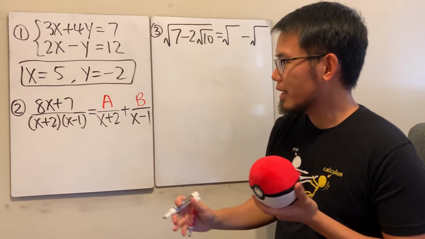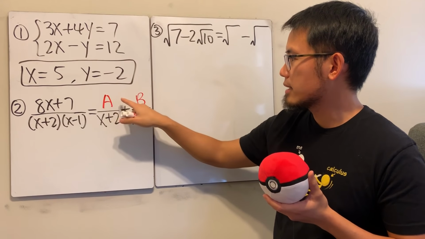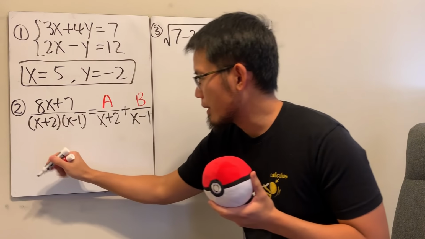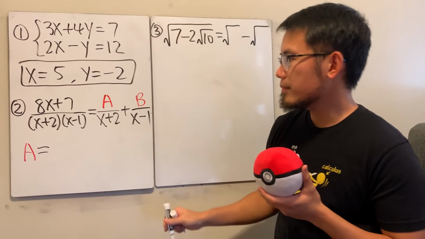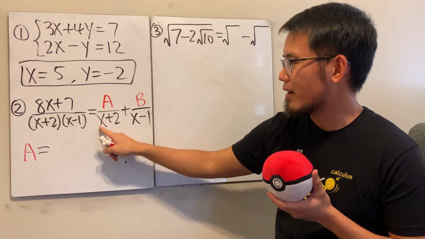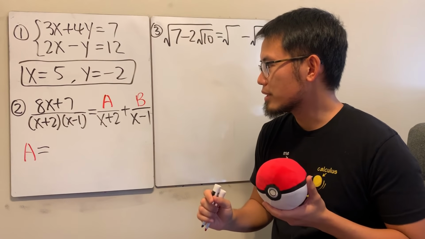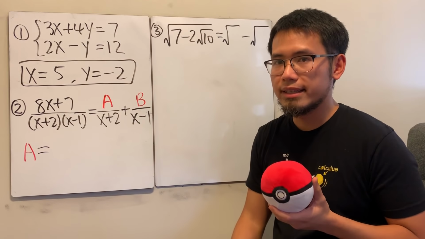All right, the second one is partial fractions, and namely we are going to find out the values for a and b. All right, so I will just show you guys right here. A is equal to the following. To get a, you see that this has the denominator x plus 2. You just have to ask yourself, how can you make x plus 2 equal to 0? Which is -2, right?